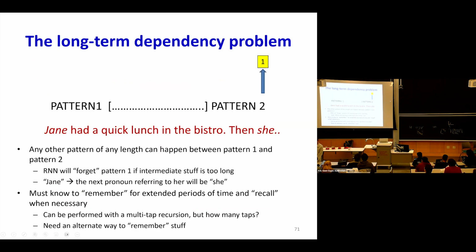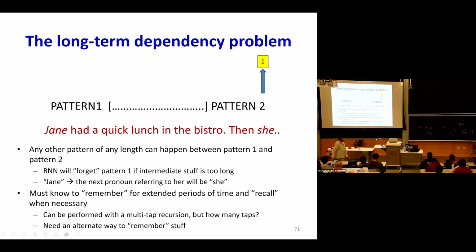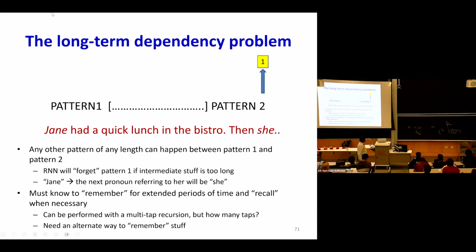But then after 3 pages, I should be careful. Maybe it's not referring to Jane anymore. So all of these depend on what you're trying to remember, how long ago it was, what else you've seen in the input. And all of these have to be a function of the input and what is being remembered, and not a function of the network parameters, right?